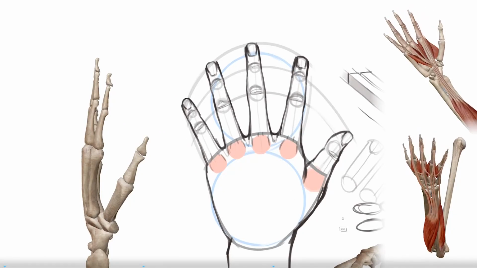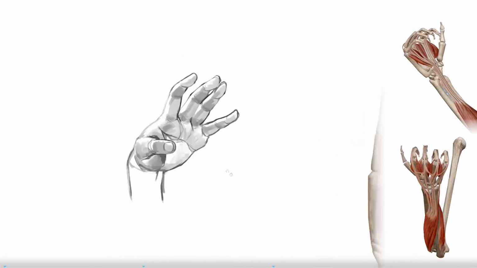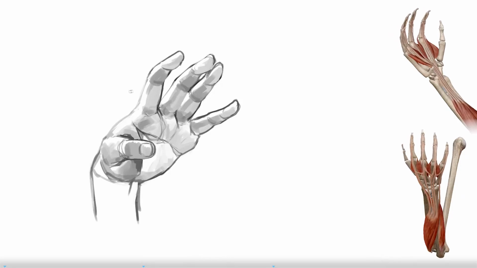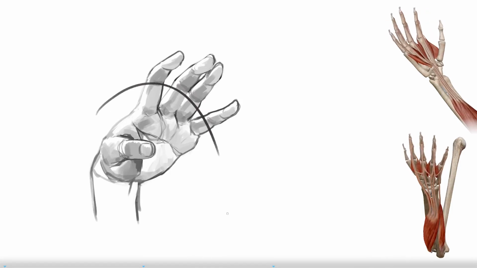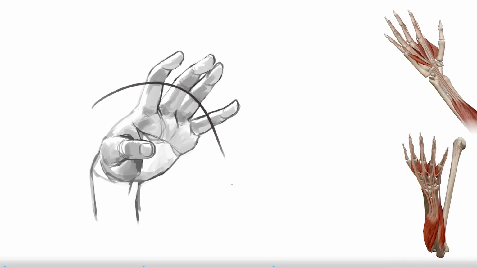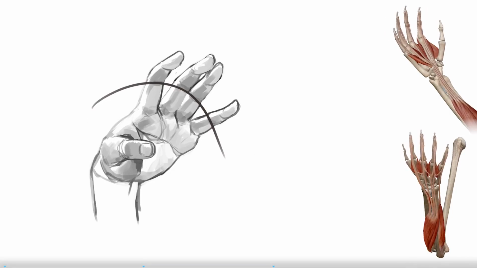If you can trace a nice continuous curve between all the major joints of the fingers, and pretty much all the joints of the fingers, though it doesn't quite apply as much with the thumb, but for these at least, if you can trace a nice continuous line that touches every single one of those joints, you should be in a good spot as far as the gesture goes. In my case, it's not super natural. I could have definitely improved that.